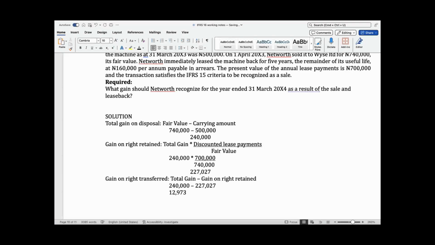Well, let me approximate it, 73. And this is the gain that will be recognized to profit or loss.